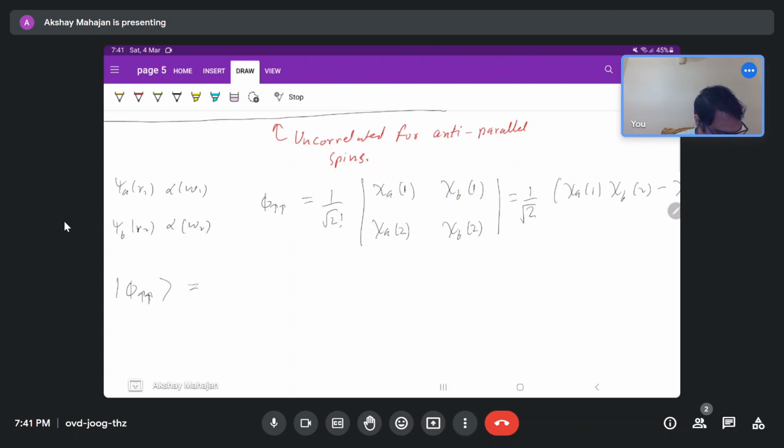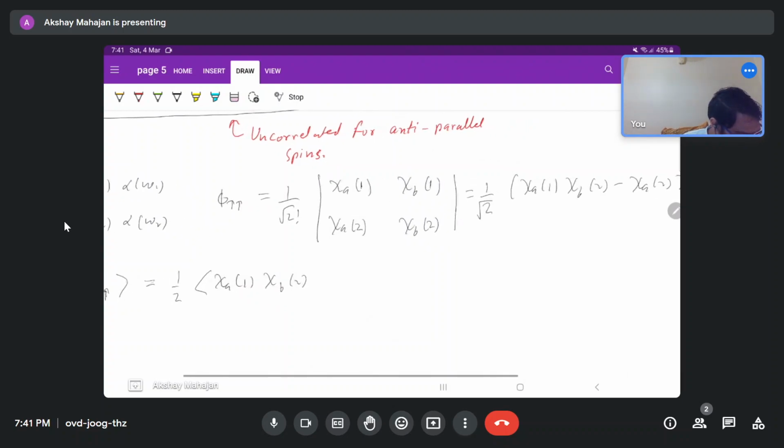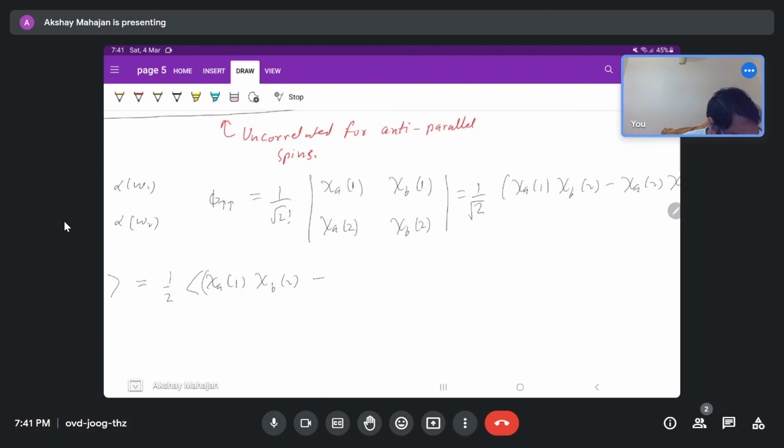Let me just write the first term, which will be just the same: chi A1, chi B2 minus chi A2, chi B1, and again chi A1, chi B2 minus chi A2, chi B1.